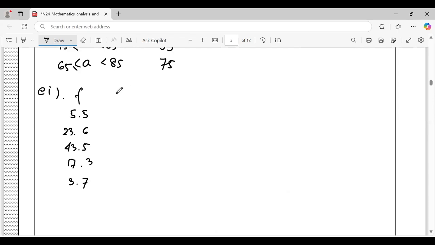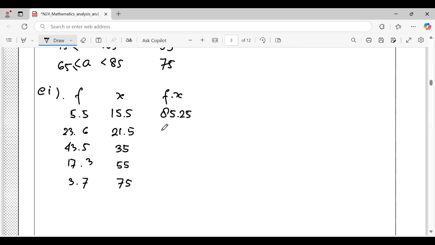And the midpoint X are 15.5, 21.5, 35, 55, 75. After that, F times X: 5.5 times 15.5 is 85.25.